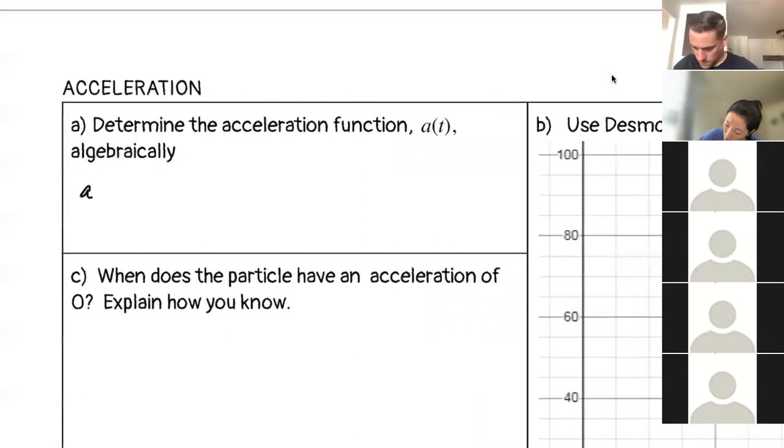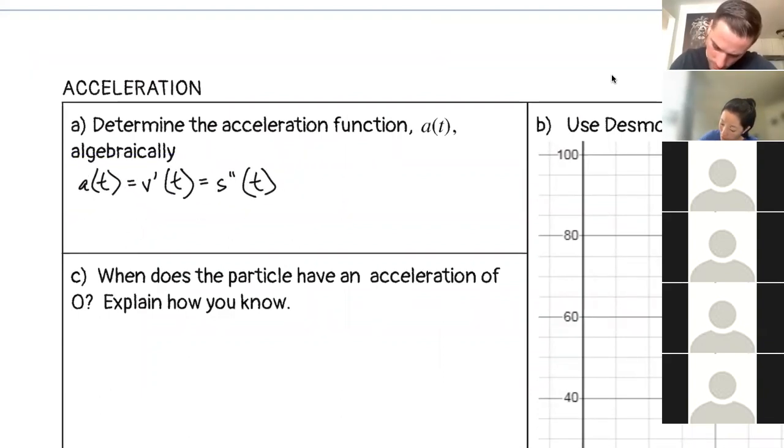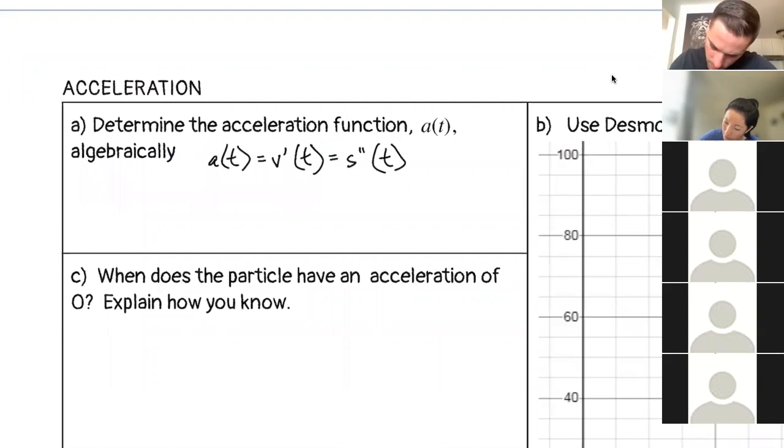So a of t, acceleration, one more time, is the first derivative of velocity, but it is the second derivative of position.